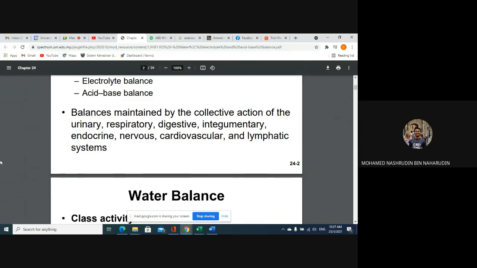So balance is maintained by the collective action of the urinary system, as I discussed in my previous topic, and the respiratory system also, because some amount of water can be lost from respiratory activity. Digestive, of course, is involved with the absorption of fluids in the small and large intestine.